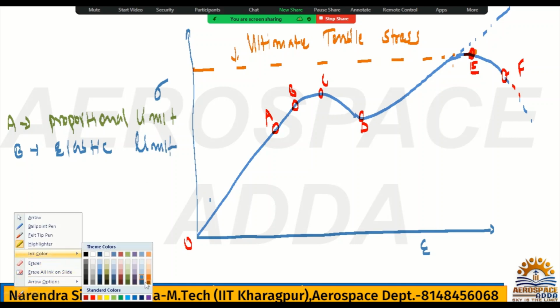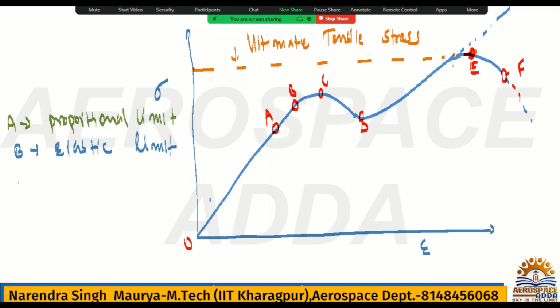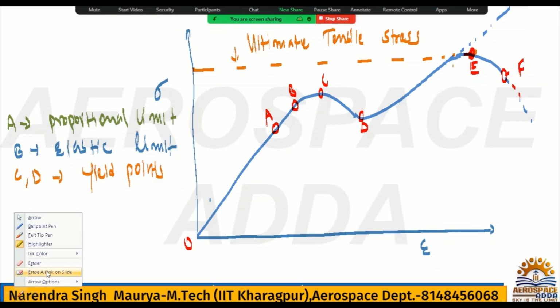Then what are the next two points we have in parallel? C, upper and lower, C and D. These are called yield points: the upper yield point and the lower yield point. Then we go to point E, called the ultimate stress point.